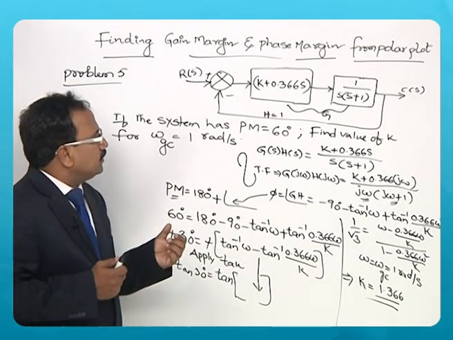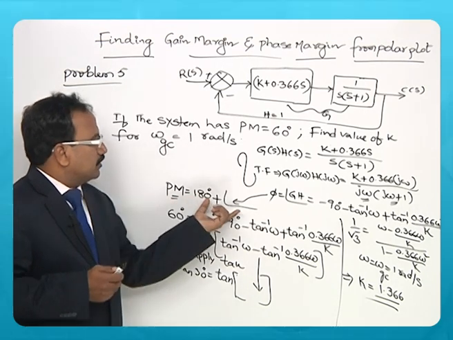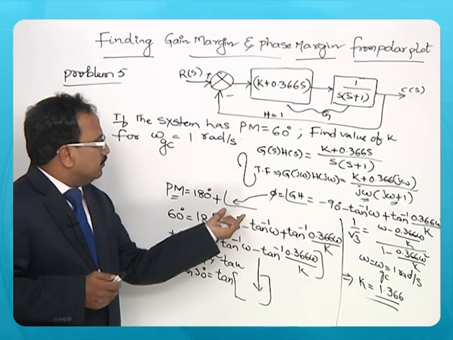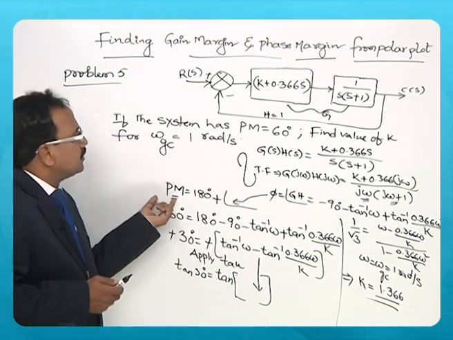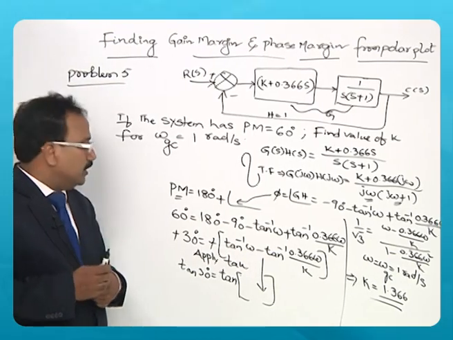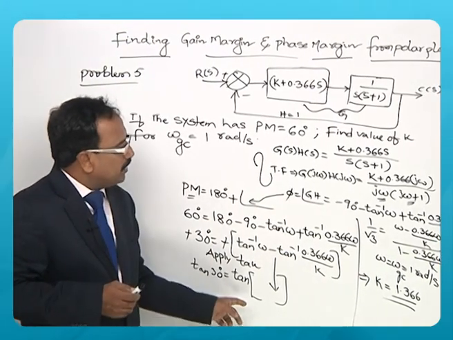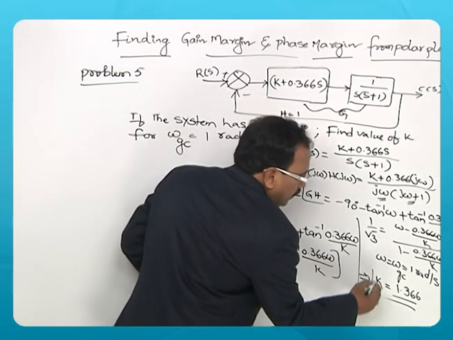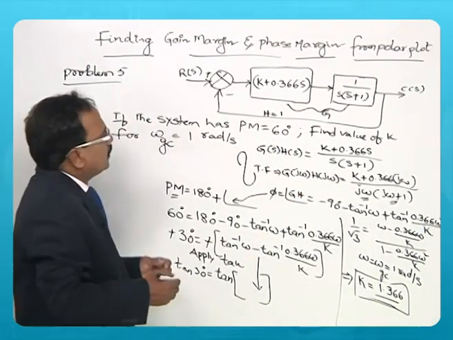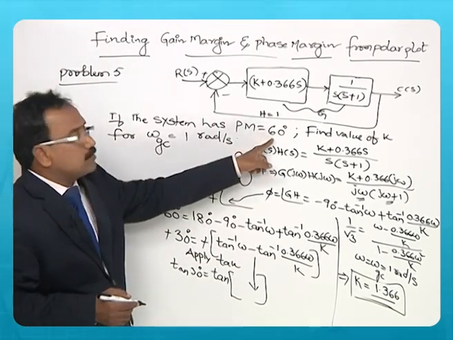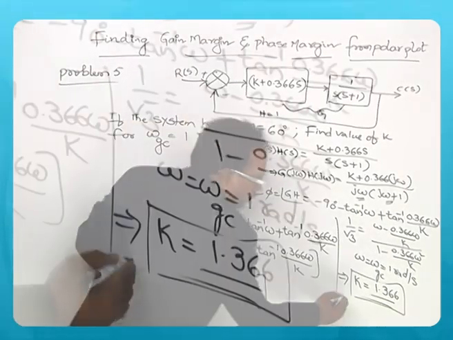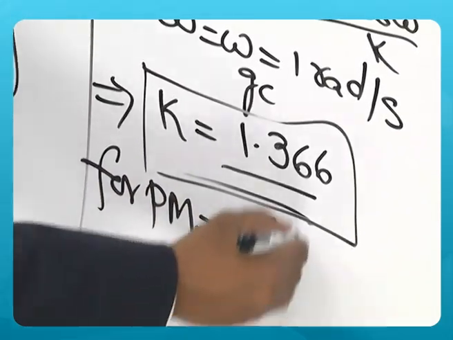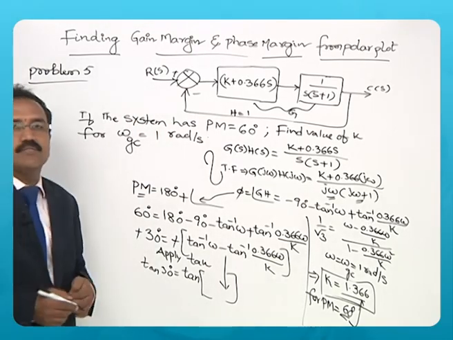Equating the phase margin term to the phase angle term, substituting the given phase margin of 60 degrees and omega equal to 1 radian per second, you get the value of K as 1.366. So for a phase margin of 60 degrees, the value of K is 1.366. That is the idea.